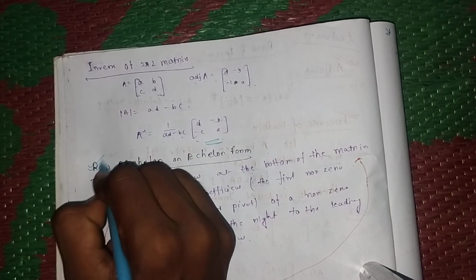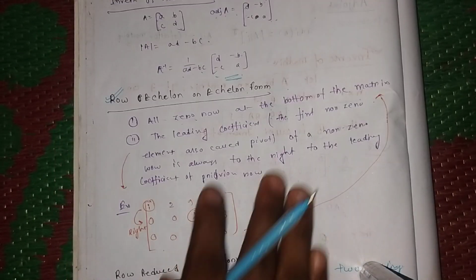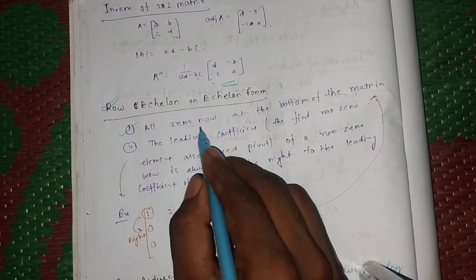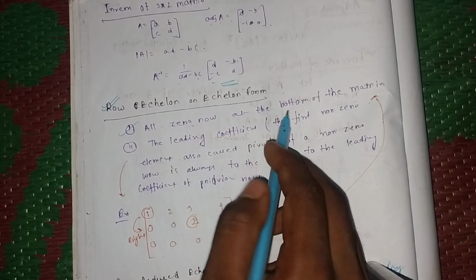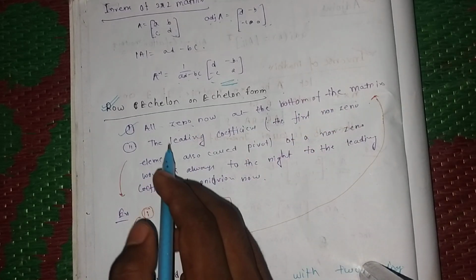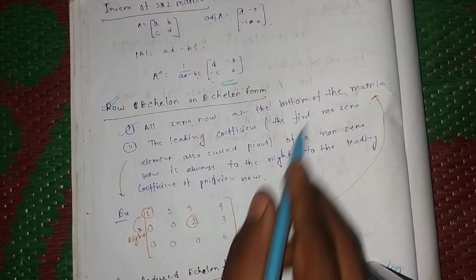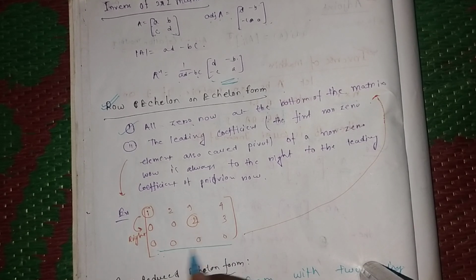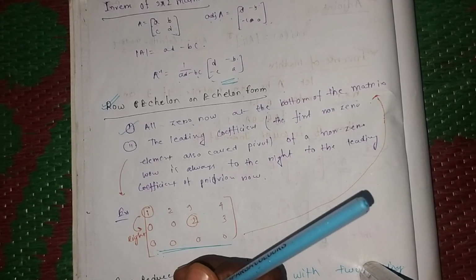Okay, now what is the row echelon or echelon form? All zero rows are at the bottom of the matrix, meaning if there is any row which is zero, then it should be in the bottom.